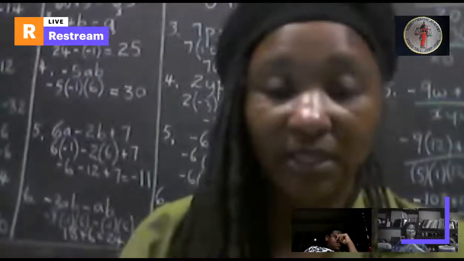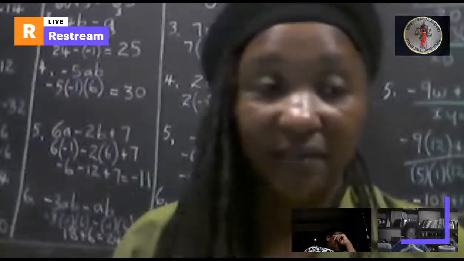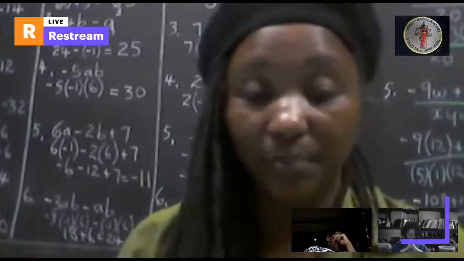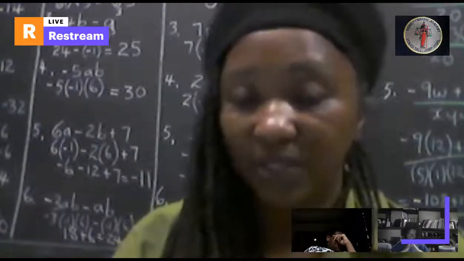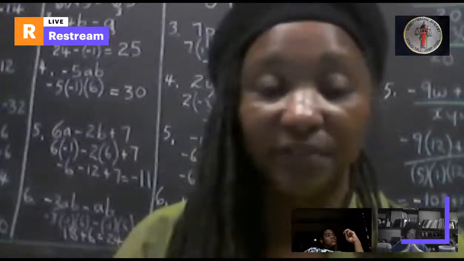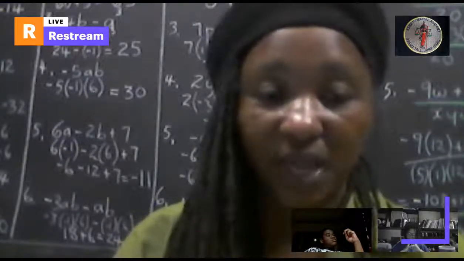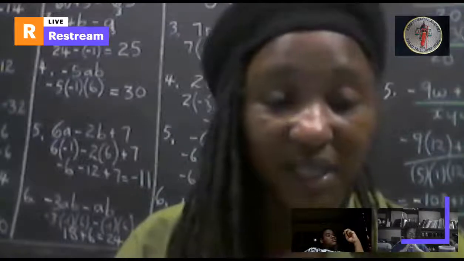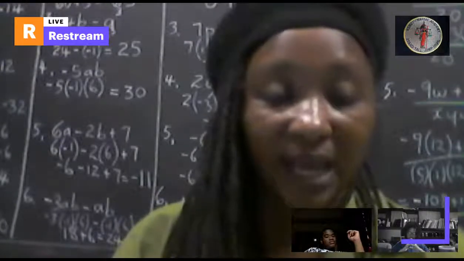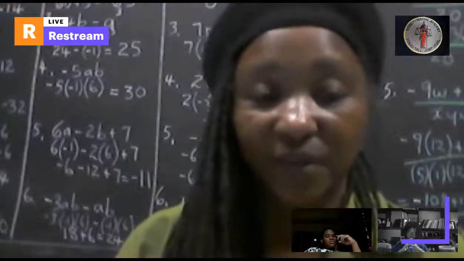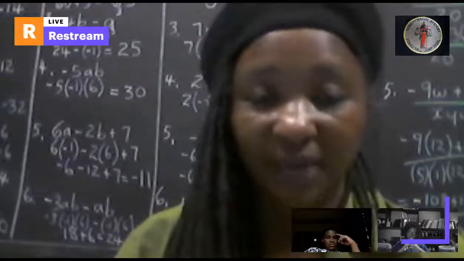We are told A is 7, Y is 20, B is 0, and we are to substitute those values wherever we see those variables. So we are given a number of expressions and we're going to substitute those values in the expressions. Wherever you see those variables, you put a bracket and you put that value.